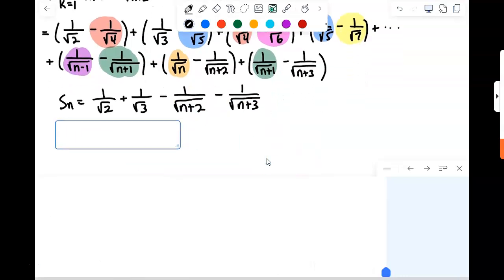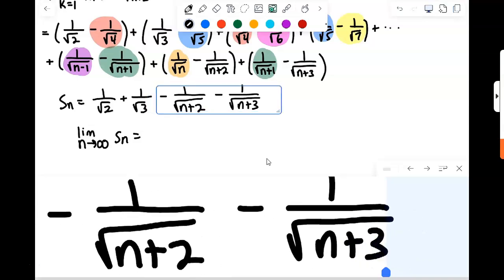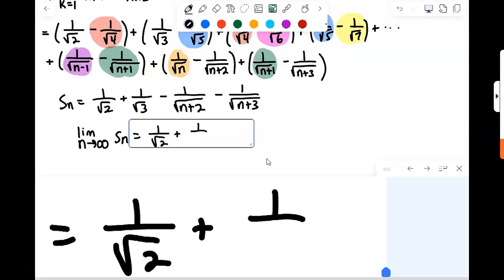And then we would take the limit as n goes to infinity of our sum. Those last two terms, as n goes to infinity, are just going to go to 0. So the limit of this sequence is 1 over the square root of 2 plus 1 over the square root of 3. It's not some nice number, but it is a number.